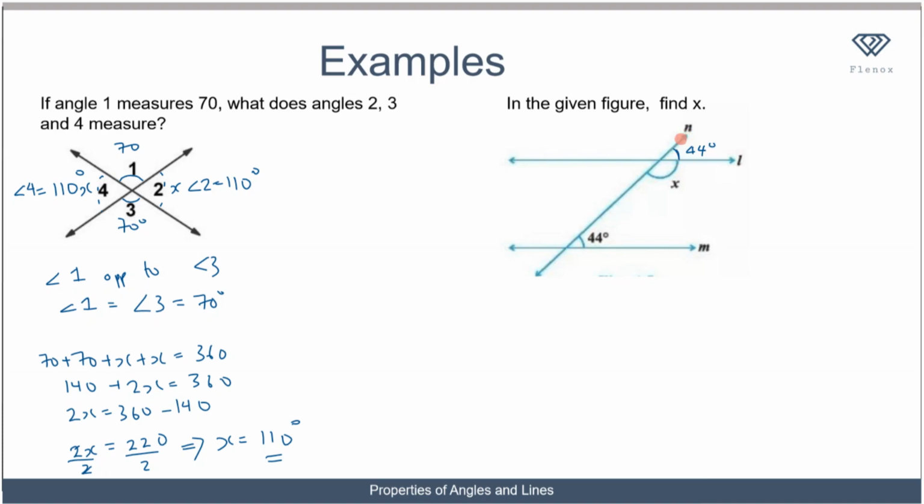Now we know that this is a straight line, and the sum of angles on a straight line must be equal to 180 degrees. So we can say that x plus 44 must be equal to 180 degrees. So x is equal to 180 minus 44, and that gives us 136 degrees.